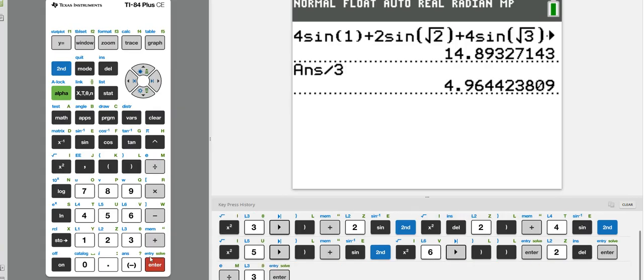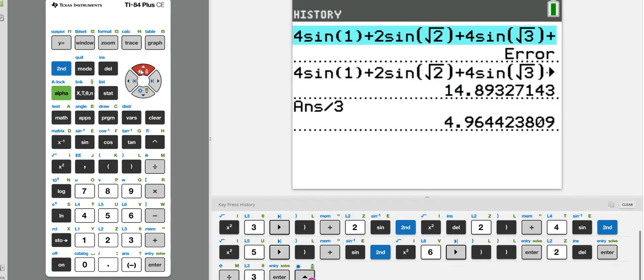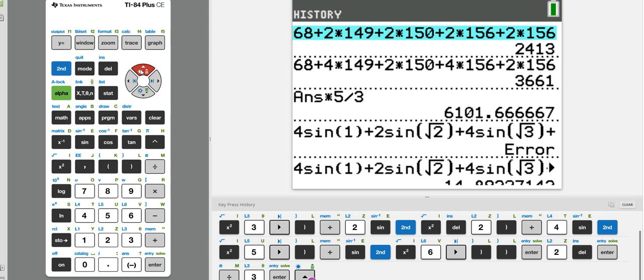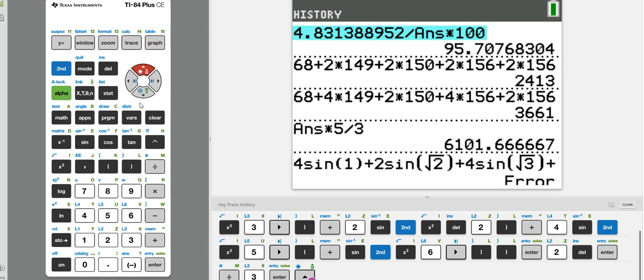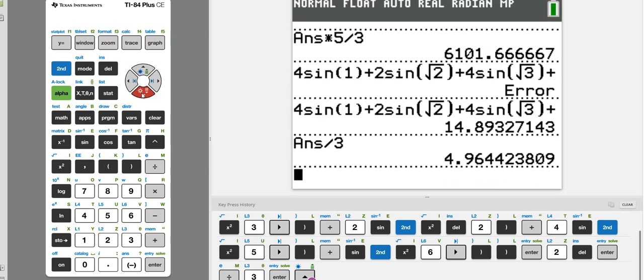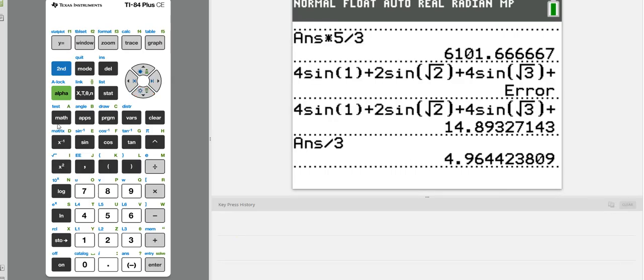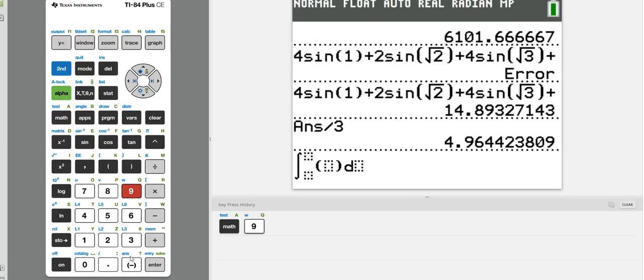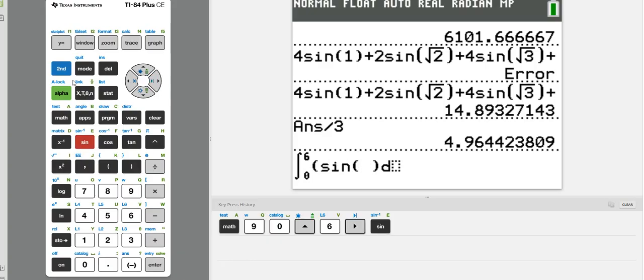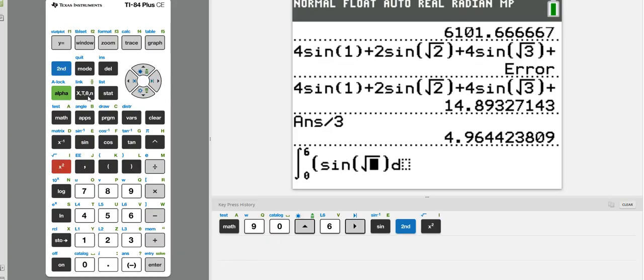4.96, and compare that again to the exact answer which we calculated way back. Where is it? It's not showing up. All right, let's just do it again. Math 9. Integral from 0 to 6 of sine of the square root of x dx.